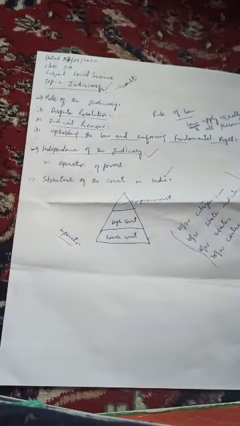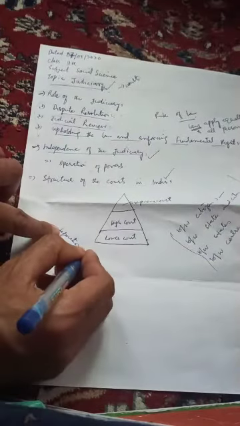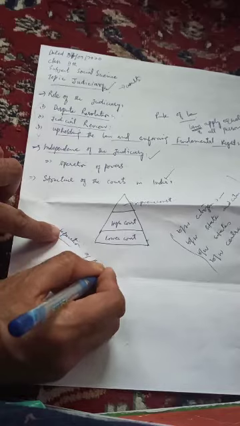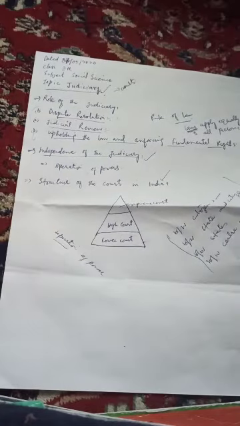Our Constitution guarantees the independence of judiciary. Independence means the judicial system is free, and one aspect of this independence is separation of powers. What is separation of powers?